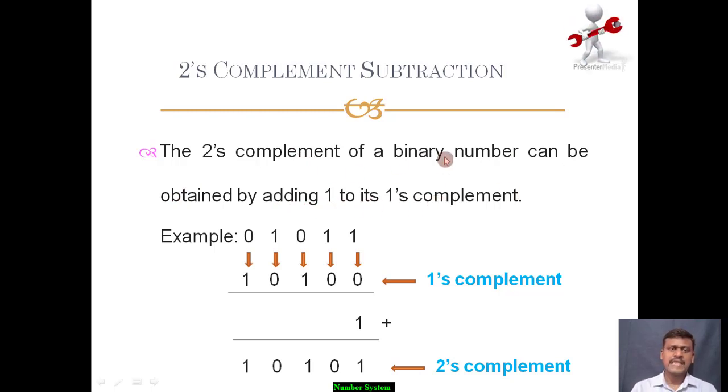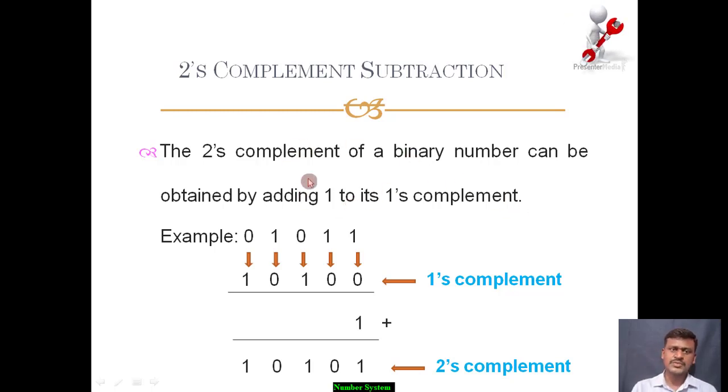This means, as we have seen in the ones complement, we will try to change the values from zeros to 1 and ones into zeros, right? So in case of twos complement, first we need to convert the given numbers into ones complement, and for that ones complement we need to add 1 so that it will become twos complement.